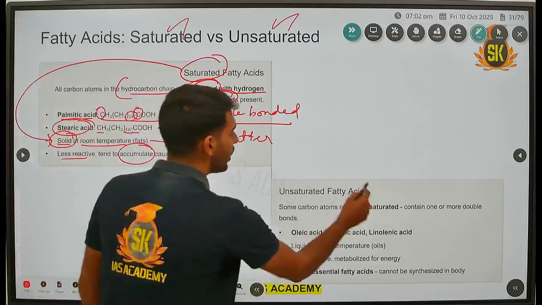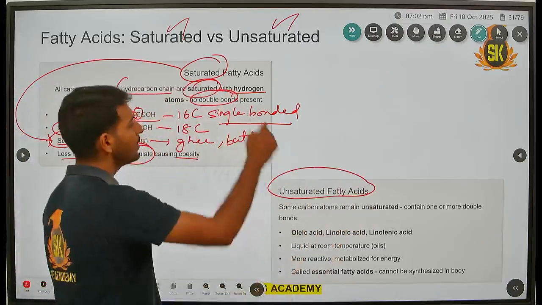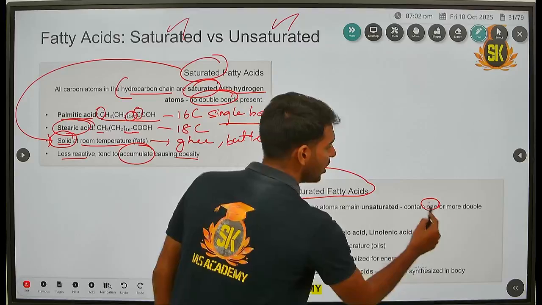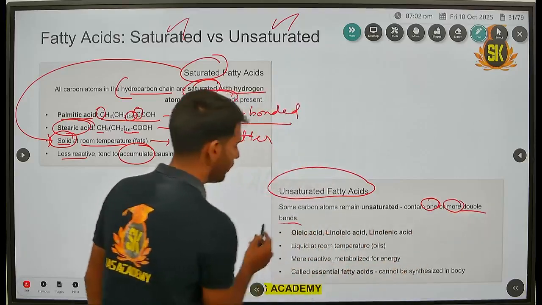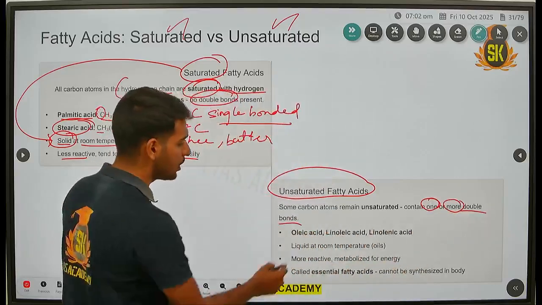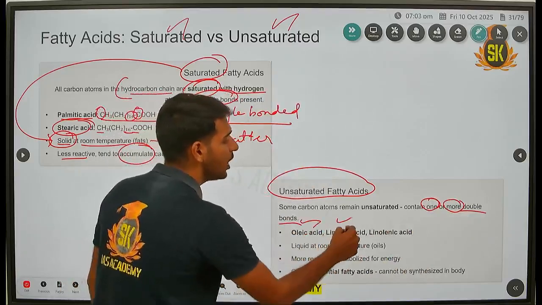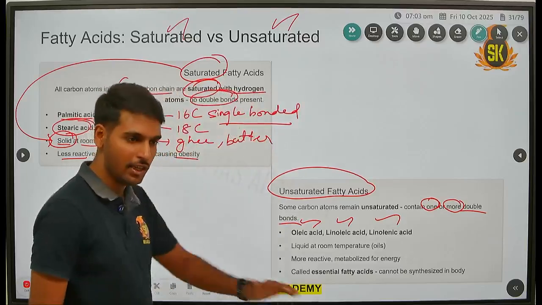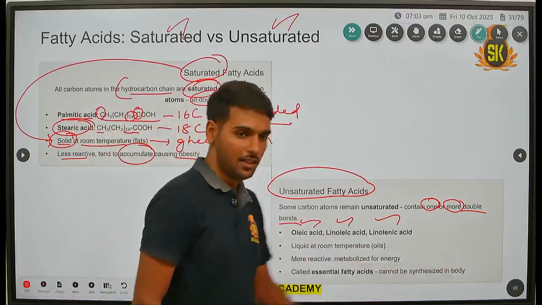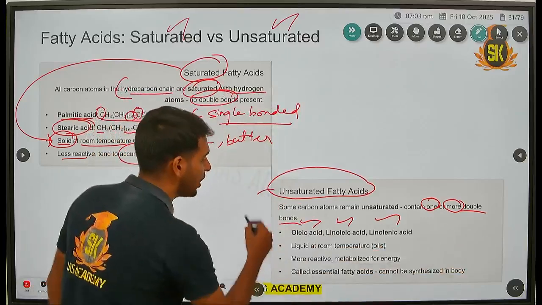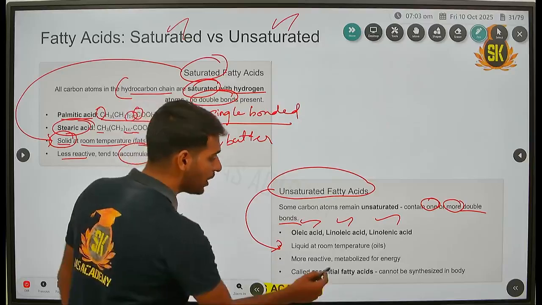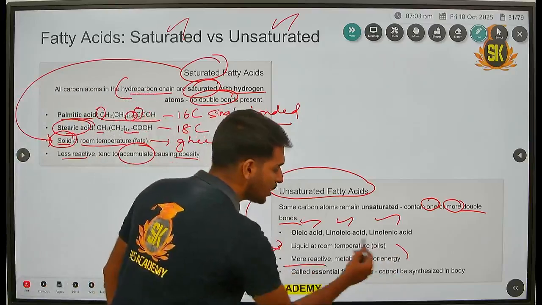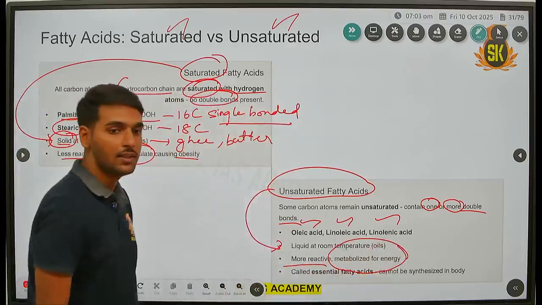Okay, unsaturated fatty acid: single bonded here, but at least one double bond; they contain one or more double bonds. Most important examples: oleic acid, linoleic acid, linolenic acid. Liquid at room temperature, more reactive. These are actually metabolized for energy.